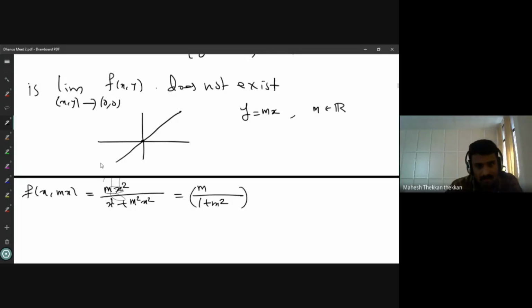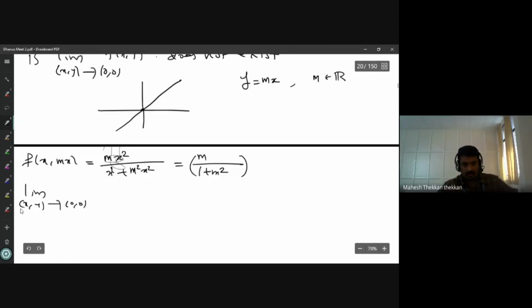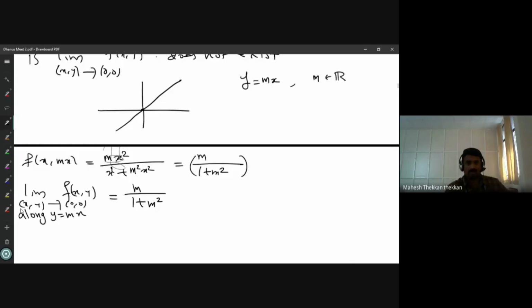So the final value is m by 1 plus m square. So the limit as (x,y) tends to 0, 0 along y equal to mx will give you m by 1 plus m square. This value will be different for different m's. Suppose I am taking y equal to x. That is the case m is equal to 1.